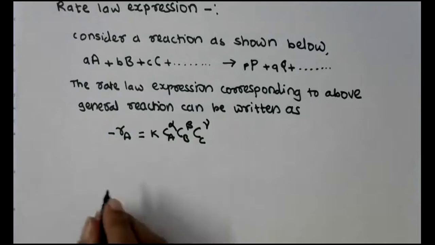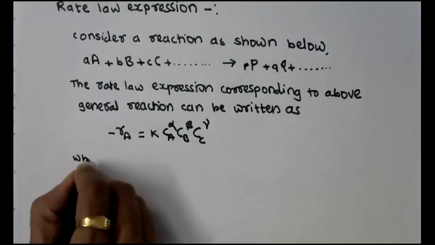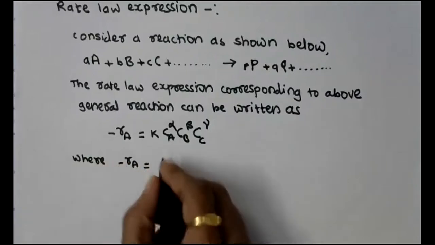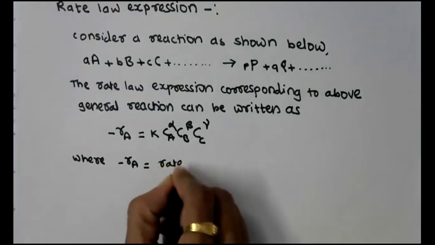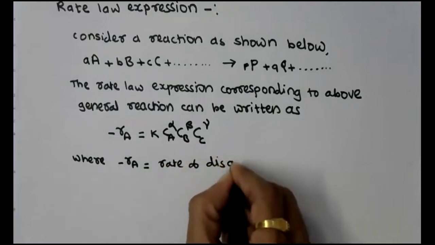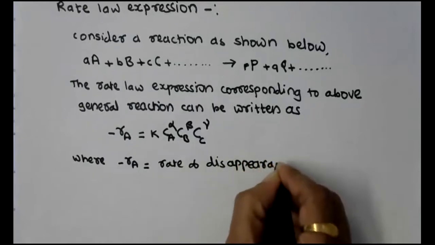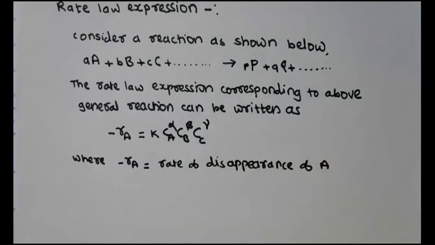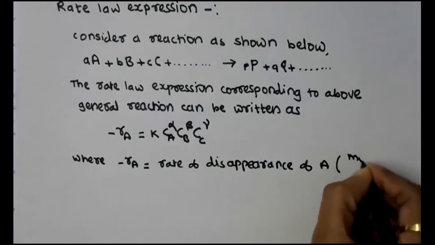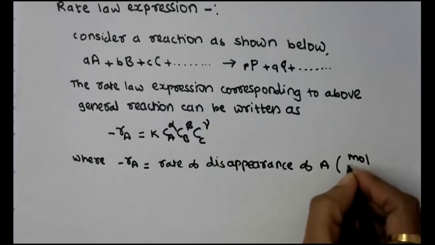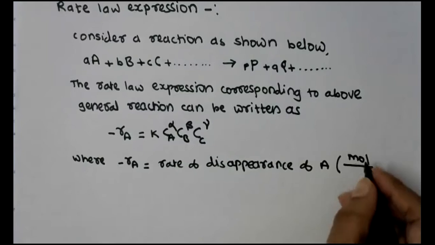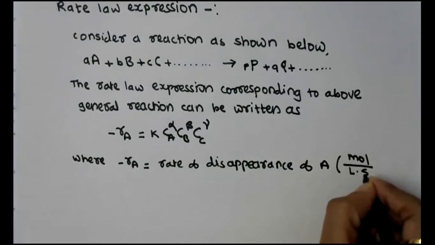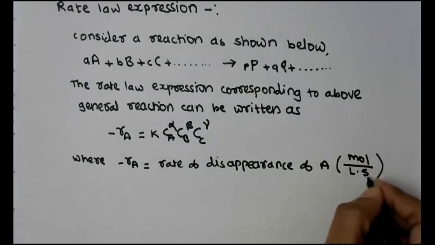Now, where minus r_A is equal to the rate of disappearance of A. Generally, for a liquid phase reaction, the rate is expressed as gram moles of the reactant reacted per unit volume per unit time, mole per liter per second.